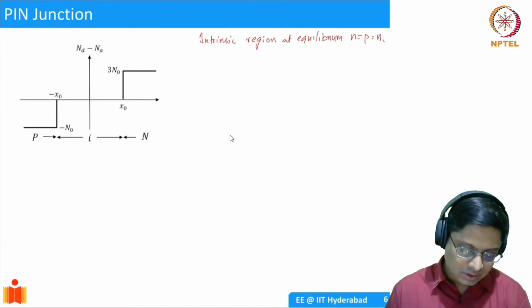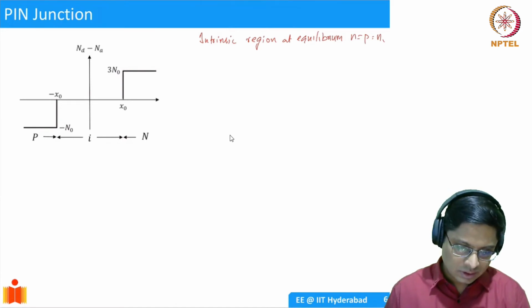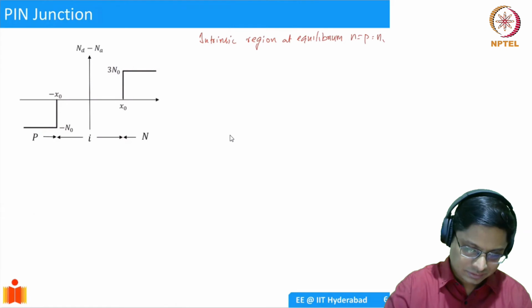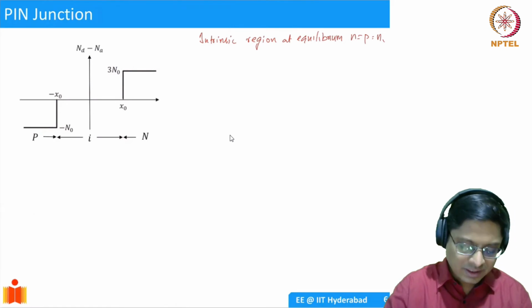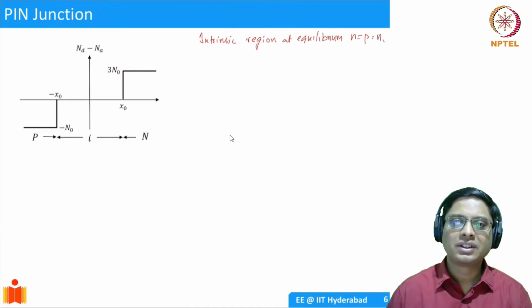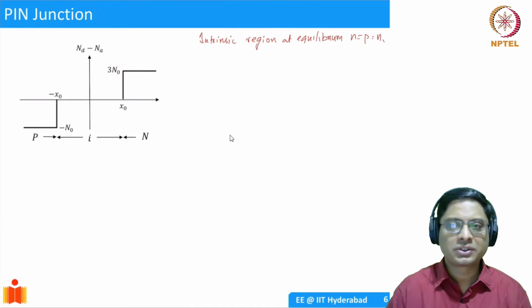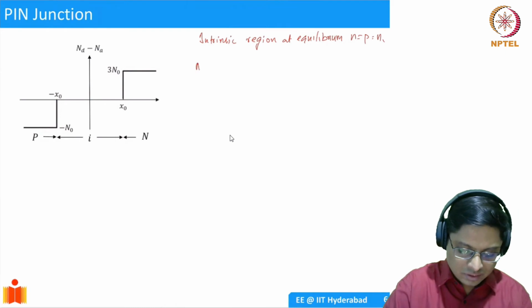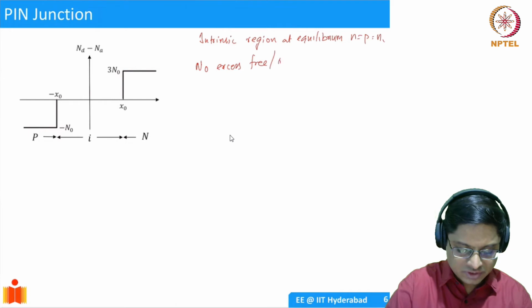So, is there any excess charge or free charge or space charge? Well, there is no excess charge, because you have not doped it, so there can't be any space charge. And there's no excess free charge, because both N and P are equal. So essentially, we have no excess free or space charge in the intrinsic region.